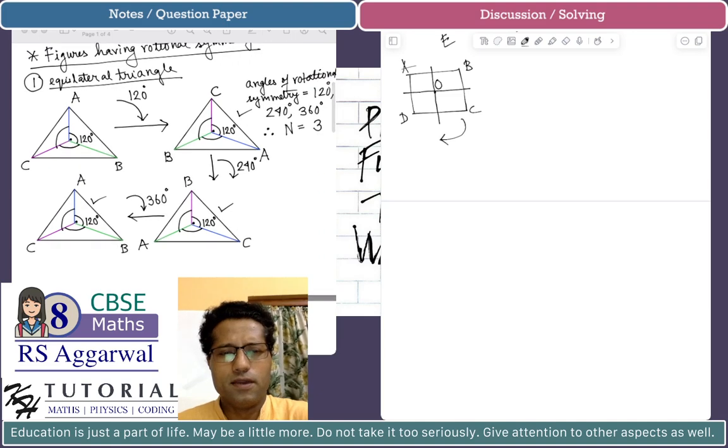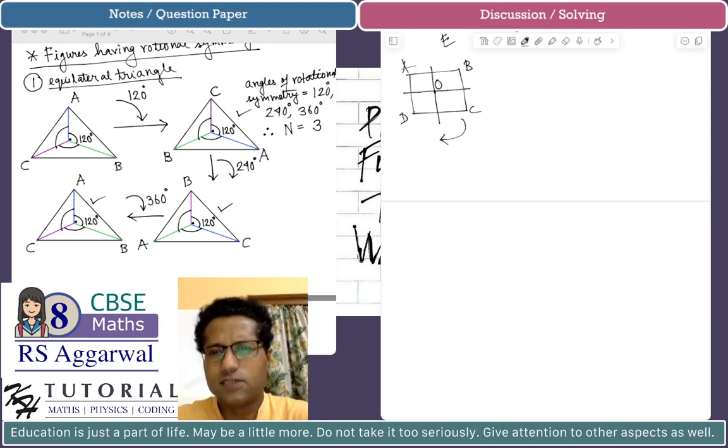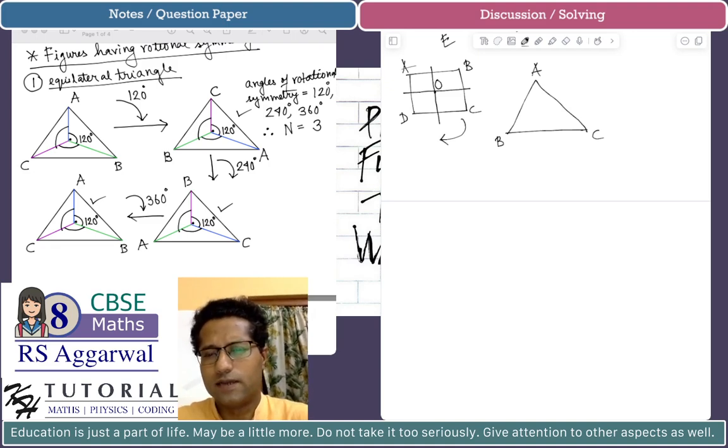So we have an equilateral triangle ABC. On the right hand side, I will not be able to draw perfectly. I am trying my best, but it may look very odd anyway. We know that an equilateral triangle has 3 lines of symmetry, and those 3 lines of symmetry are the angle bisectors.